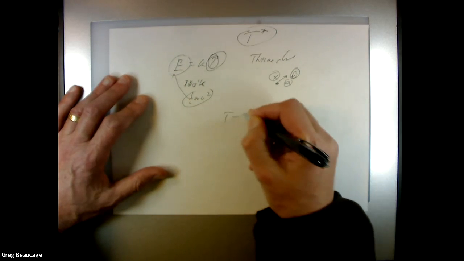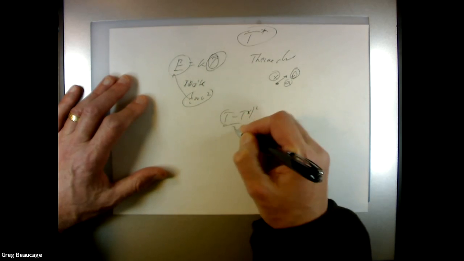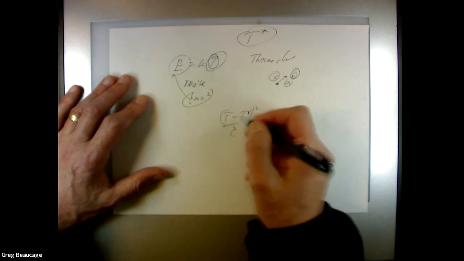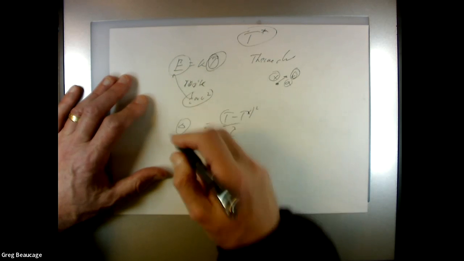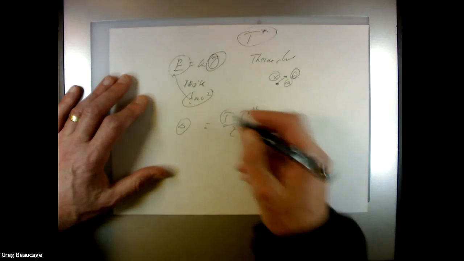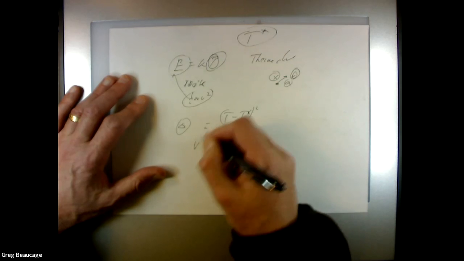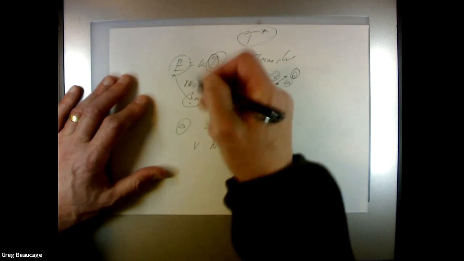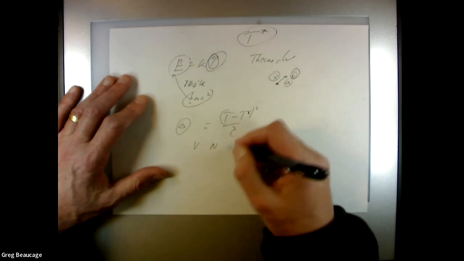So he takes T minus T star, squares it, divides it by some relaxation thing, and he has kind of a differential number. He tries to minimize that thing. That's kind of how his thermostat works. And also, he's got pressure, he's got the volume of the system, and he's got the number of things in there. So he's going to end up with a pressure more or less from those.